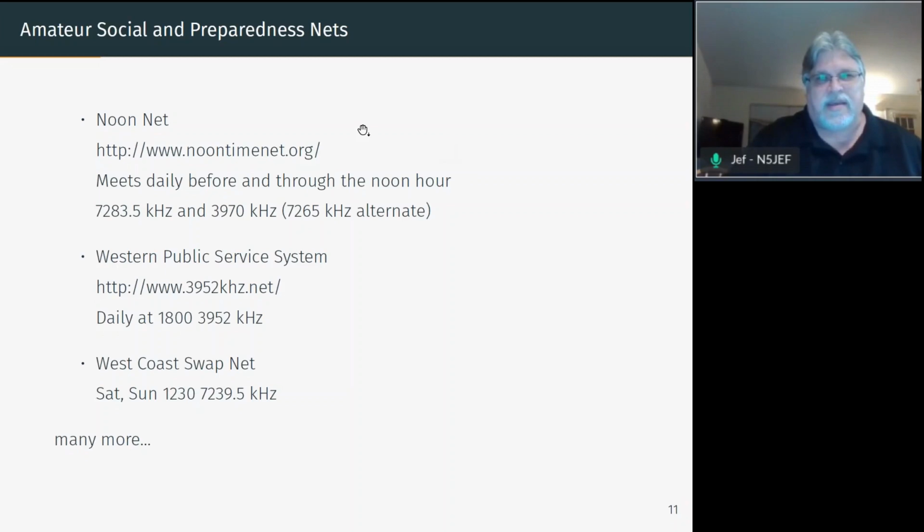So the signals don't really punch through the noise as you might expect if they were proper horizontal antennas, but you can really hear the wide coverage that people are able to achieve on 40 meters around noon every day. A couple more examples: Western Public Service System every night at 6 o'clock p.m., a good social group, as well as public service, and the West Coast SwapNet, and many more.